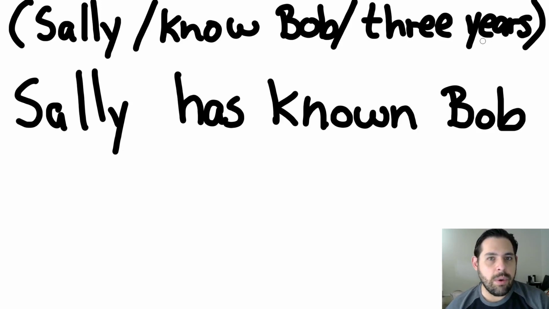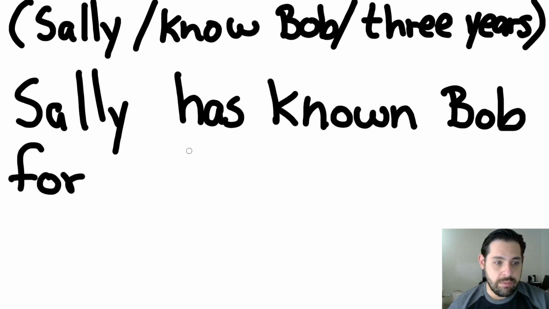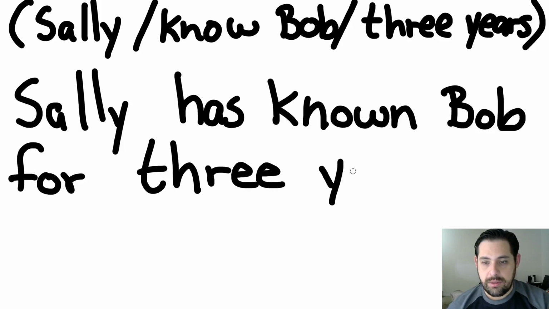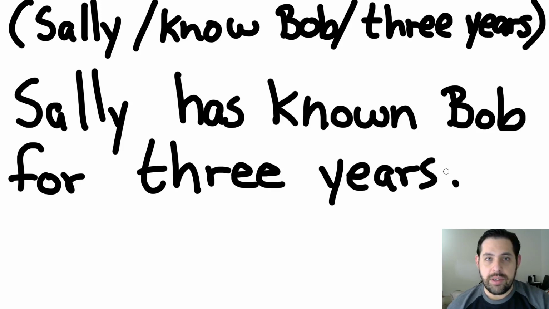Do you use for or do you use since? Well, 3 years is talking about how much time. So we're going to use the one that goes for how much time, which means for 3 years. Did you get that right?